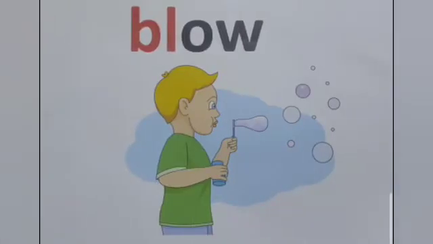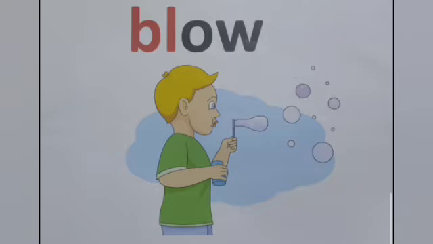What color do you see in the box on the screen? We can see blue color. Blue, blue. B-L-U-E, blue. On a clear day, the sky is generally blue. In this picture, the boy is releasing air from his mouth.